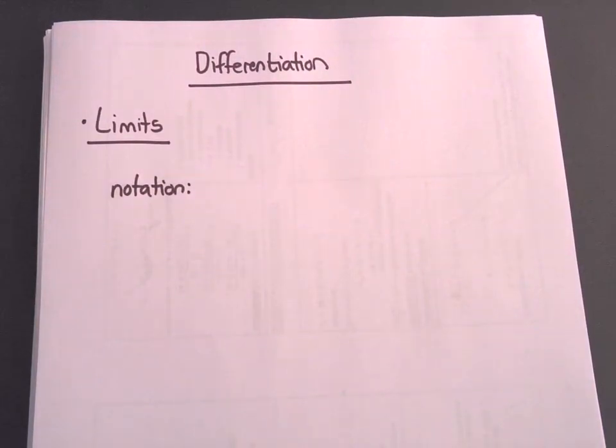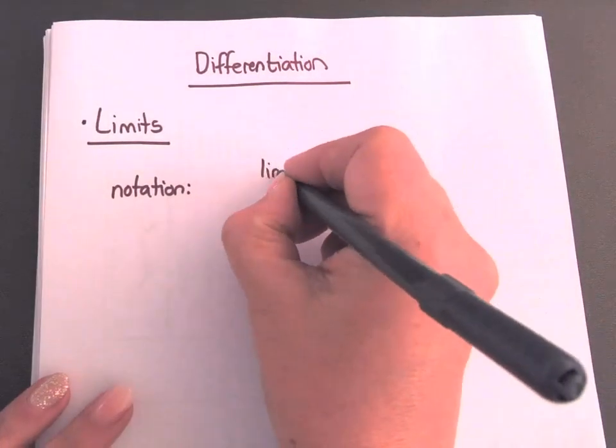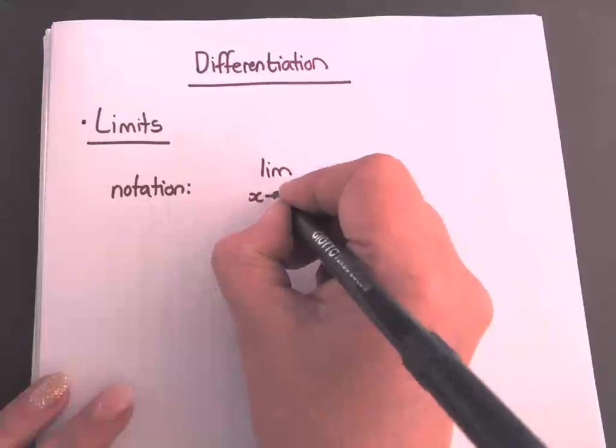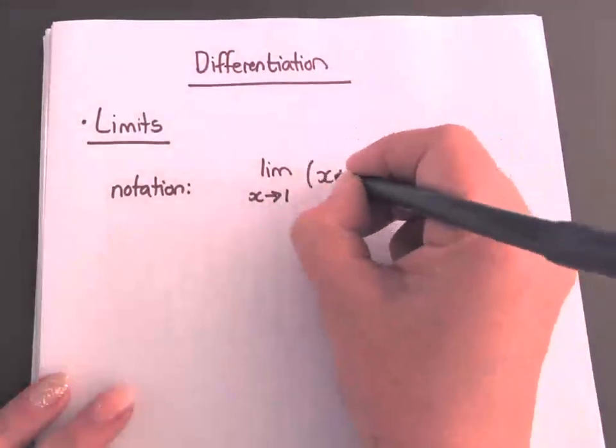And the notation, if you write it in an exam question or exam paper, must be correct. Otherwise, I subtract 1 mark for wrong notations. It looks like this. The limit when x tends to 1 of the following sum.